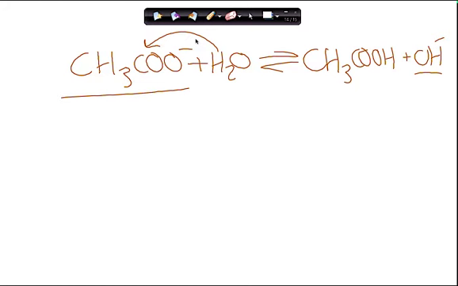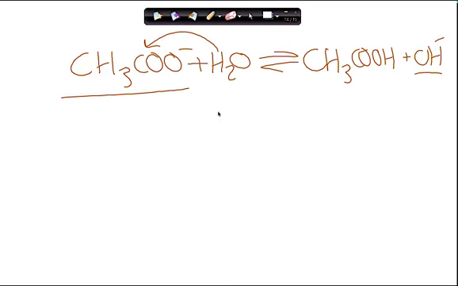It's a simple icebox calculation. The thing that makes it ridiculously difficult is to figure out your initial concentrations. That's the nasty part.